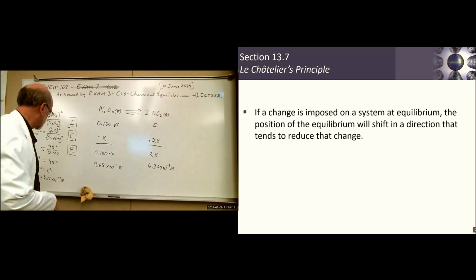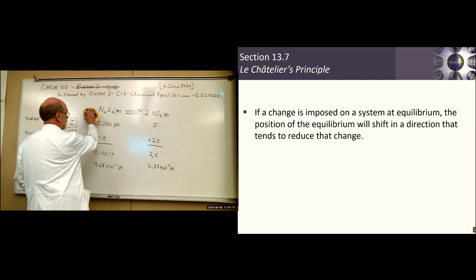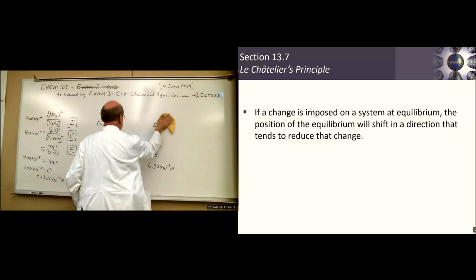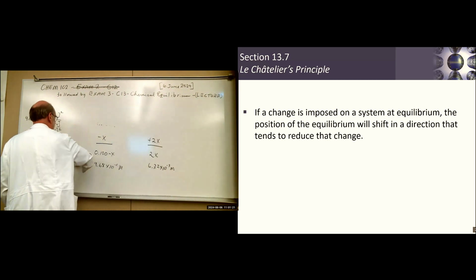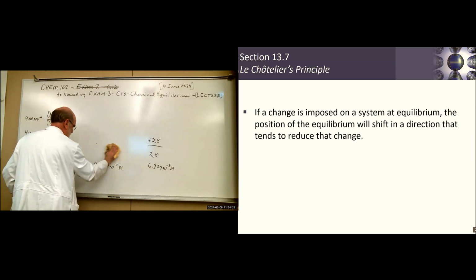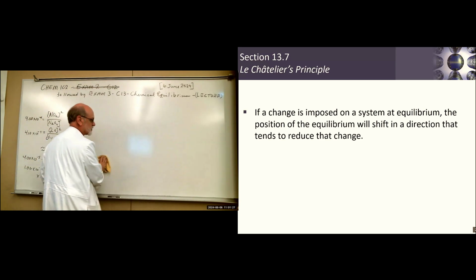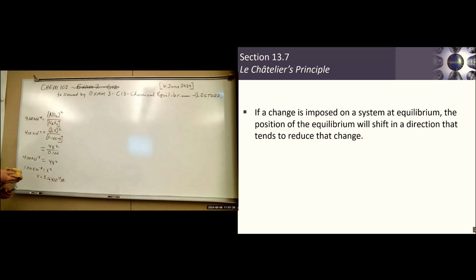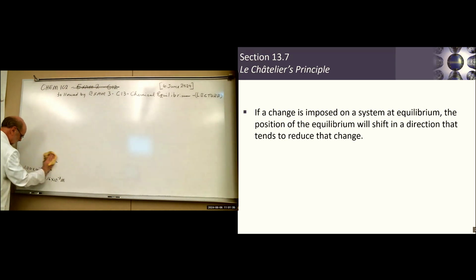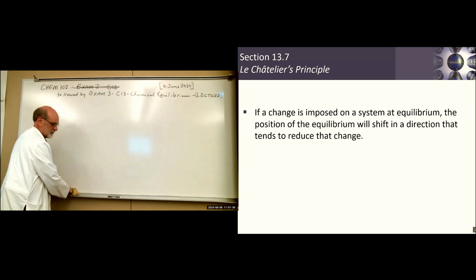Okay, now we're going to talk about Le Chatelier's principle. We actually started talking about it earlier when we had a balanced reaction in equilibrium and we changed the concentration. We saw what happened to the equilibrium when we changed that concentration. That's the beginning of Le Chatelier's principle.